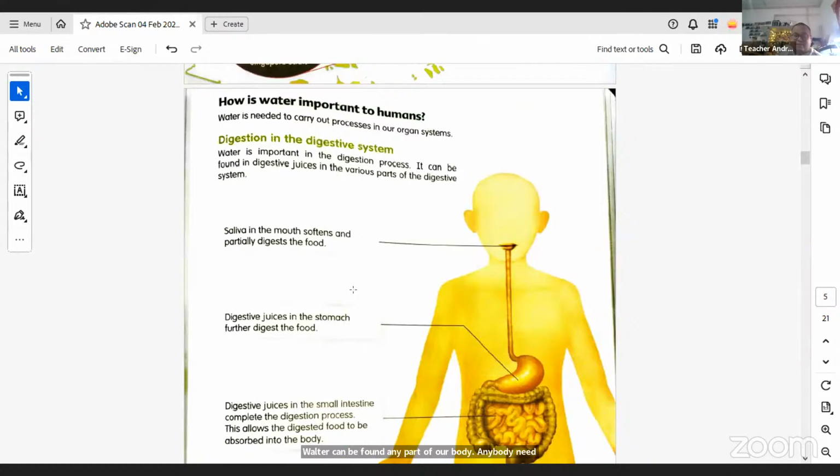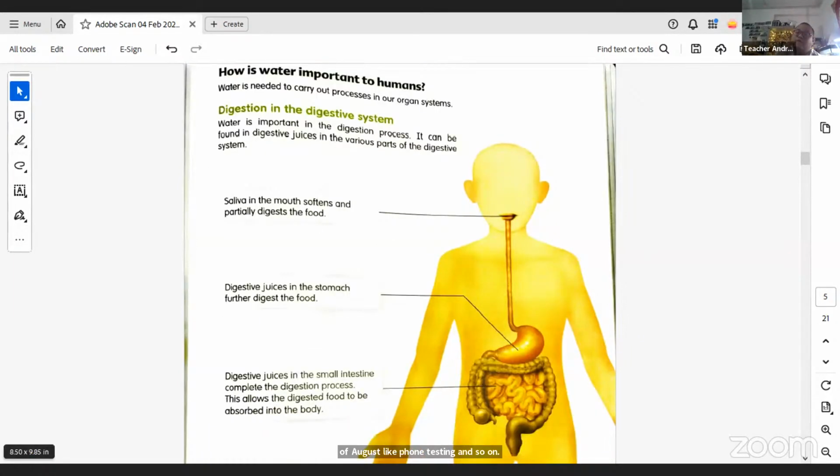digestion. You can find water in the juices and various parts of the organs, like in the stomach, small intestine, and so on. The saliva in your mouth contains water, which helps to soften the food. The juices in your stomach also contain water to further digest the food.